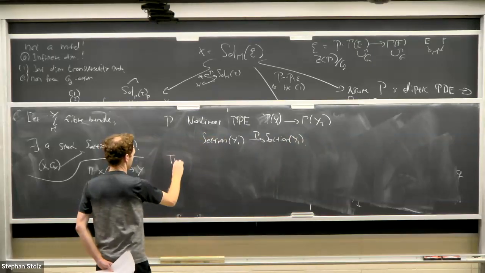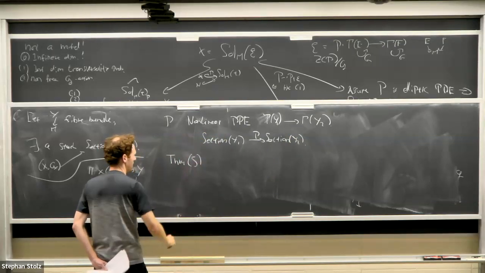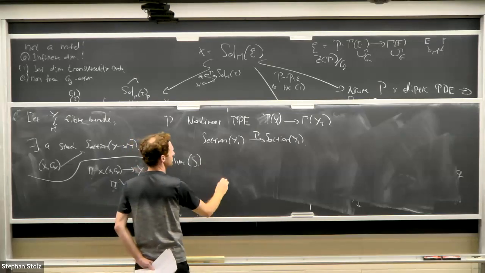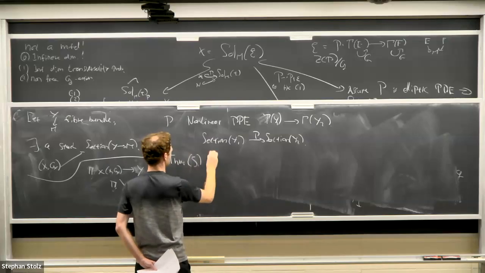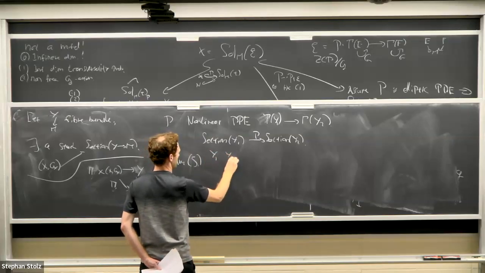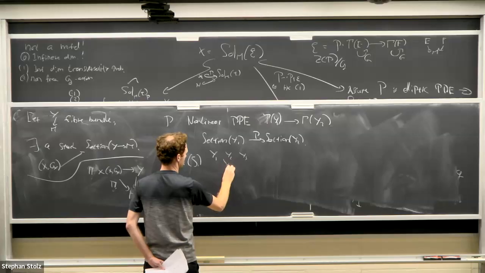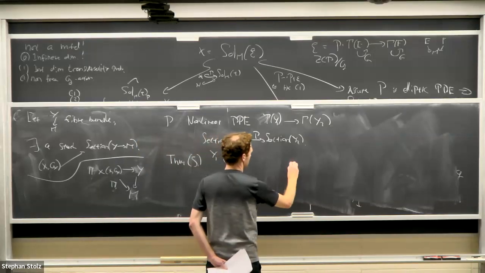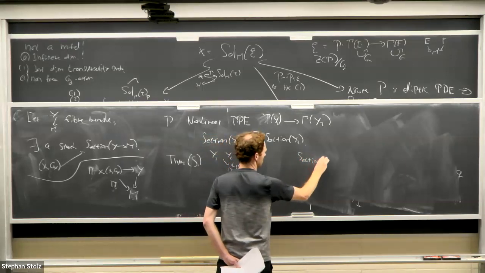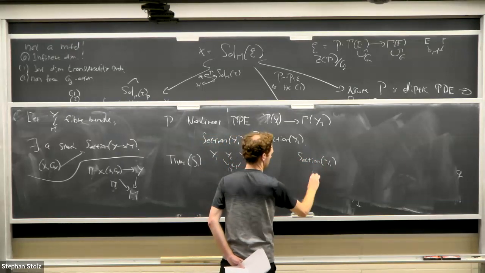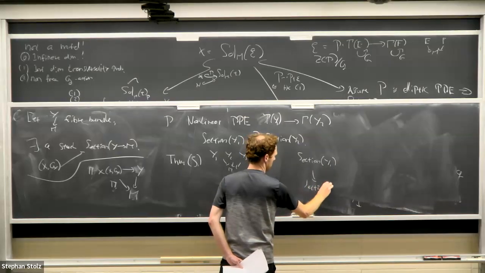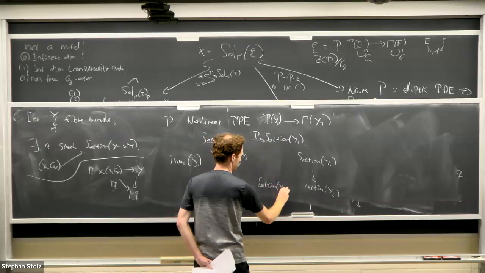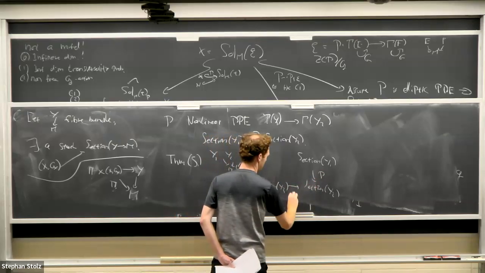So here's a theorem. Let's suppose you have three fiber bundles, say Y1, Y2, and Y3, and you're given PDEs, say P and P prime.